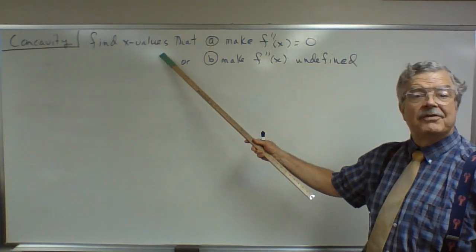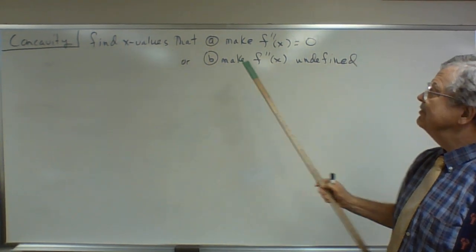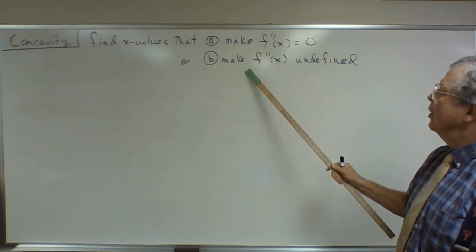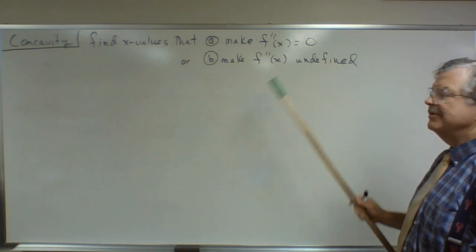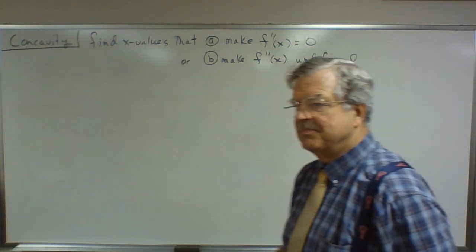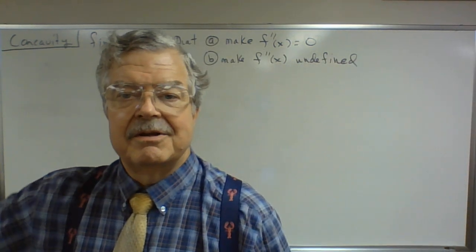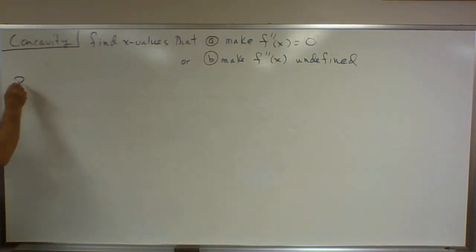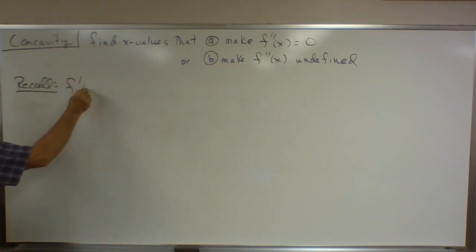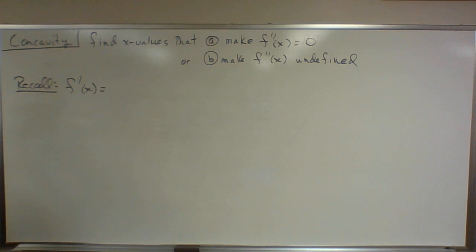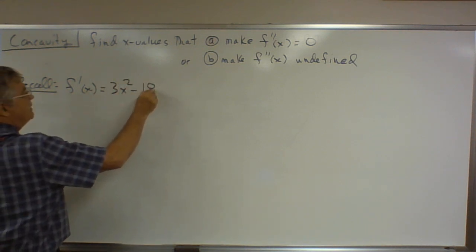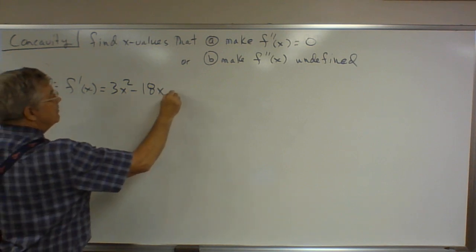Concavity. First step, find the x values that either make the second derivative 0 or make the second derivative undefined. So I guess we need to compute the second derivative. The first derivative was 3x squared minus 18x, I hope, minus 21.